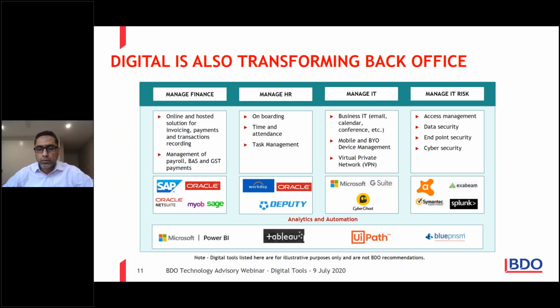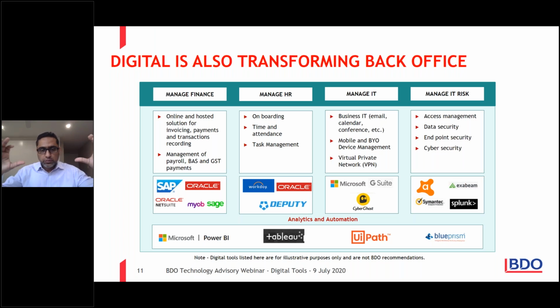So UiPath, Blue Prism, those are some of the market offerings that are rich and are being explored by our clients. So digital is definitely transforming the back office.